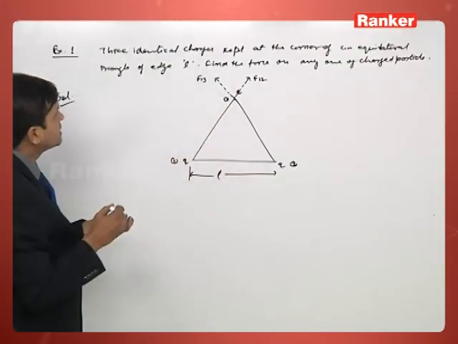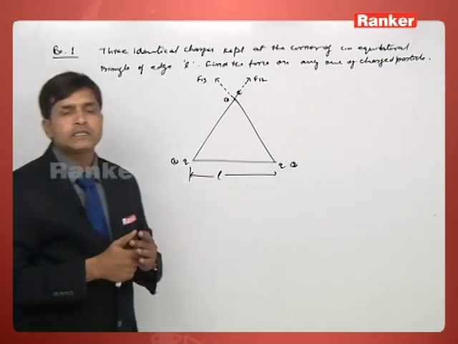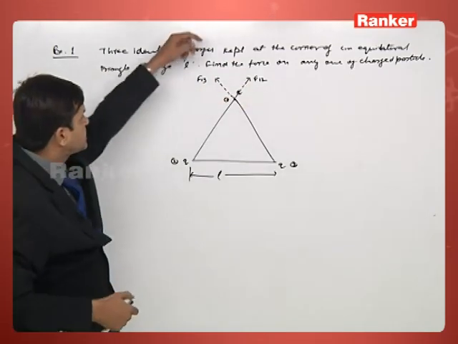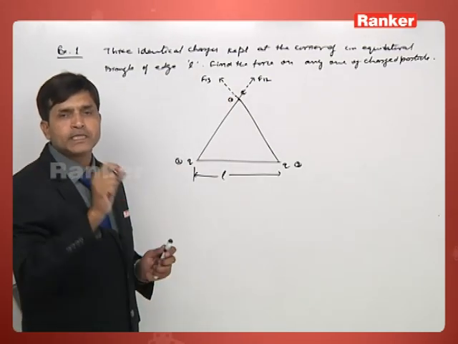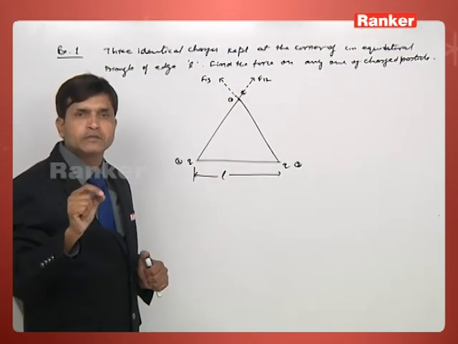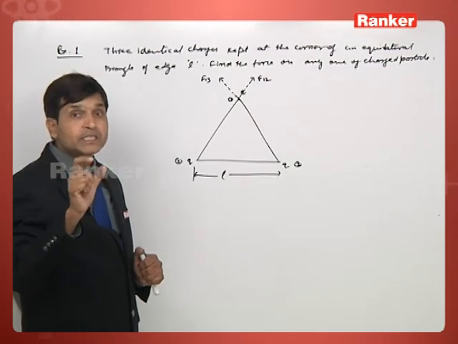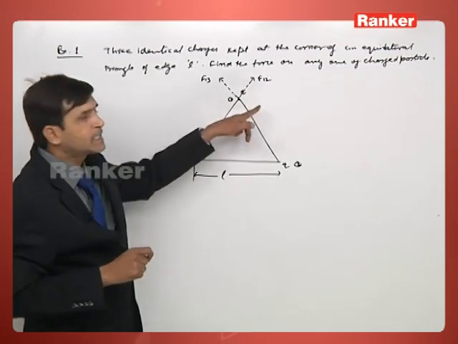These are the two forces acting on charge 1. As per the principle of superposition, the resultant force on a charge is the vector sum of the forces applied by all the charges.